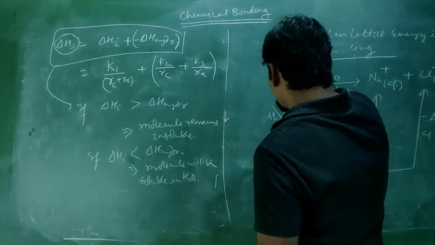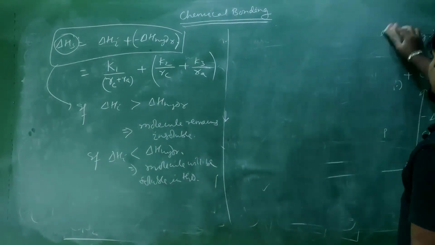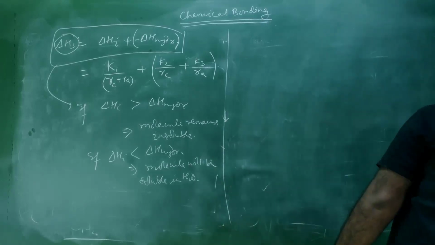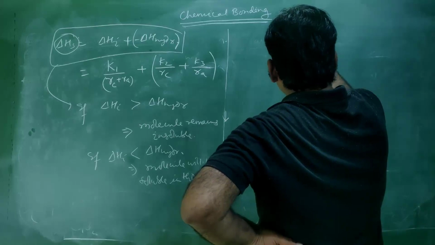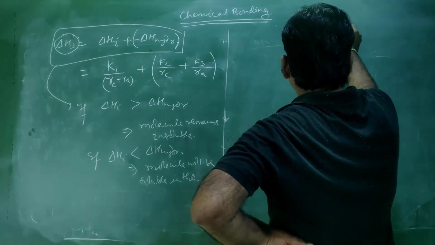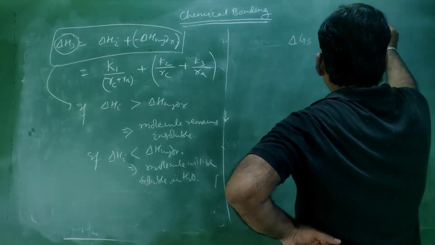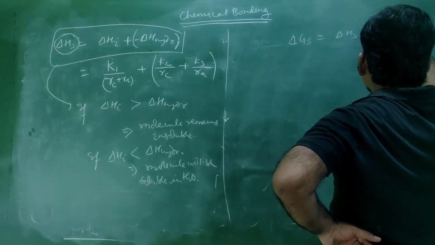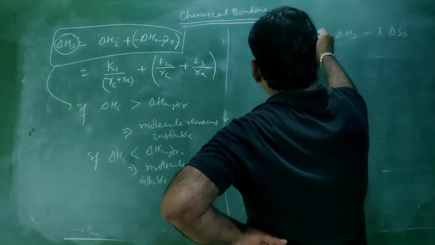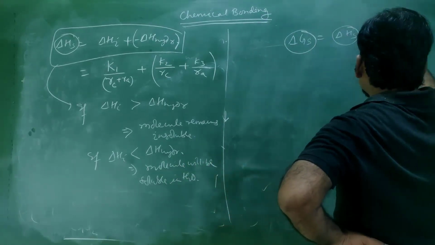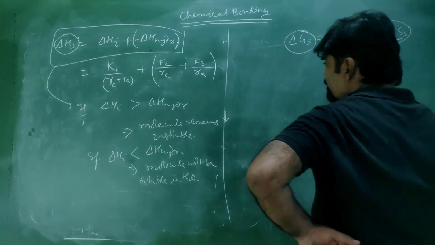Again, this we have discussed in detail. For the solubility, delta Gs solution is delta Hs plus minus T of delta Ss. Okay, this is Gibbs energy for solution. This is enthalpy for solution. This is entropy change for solution.